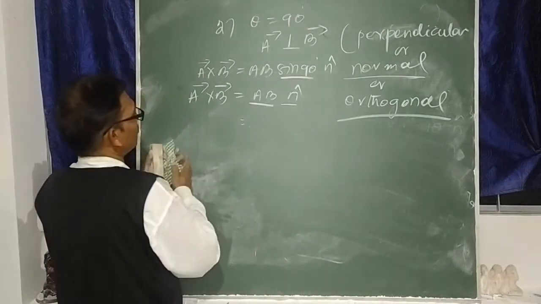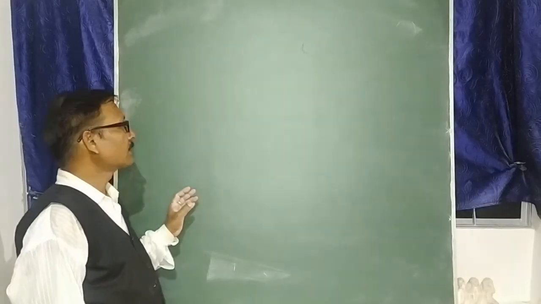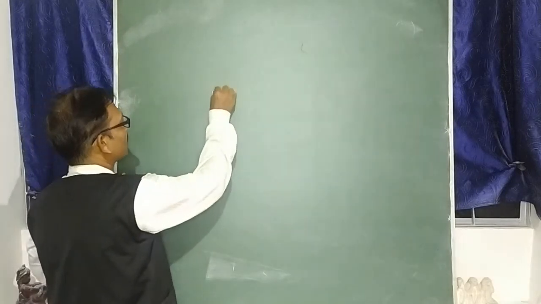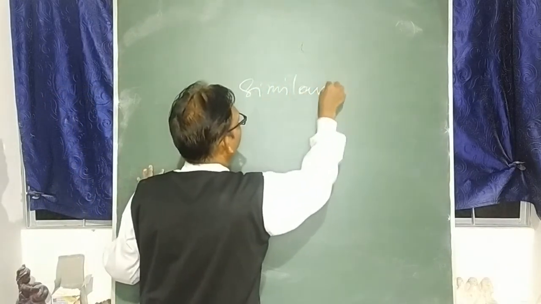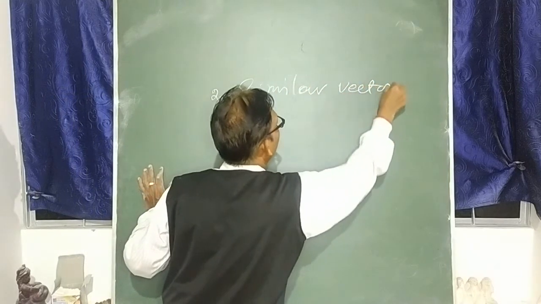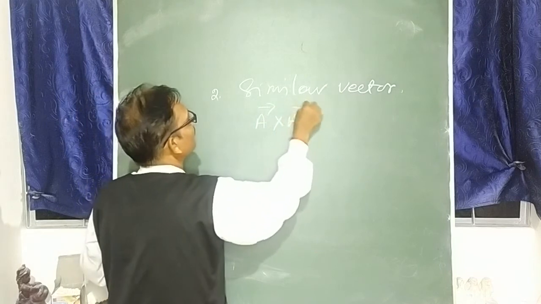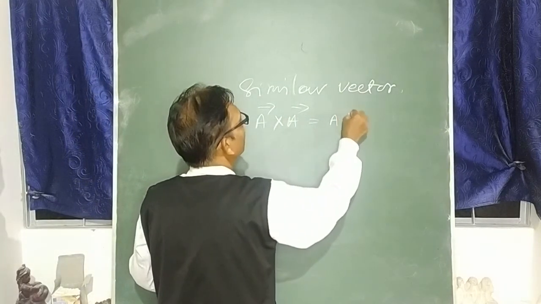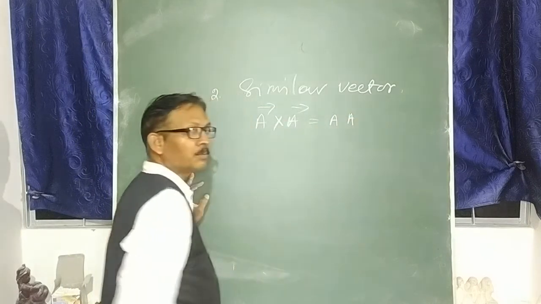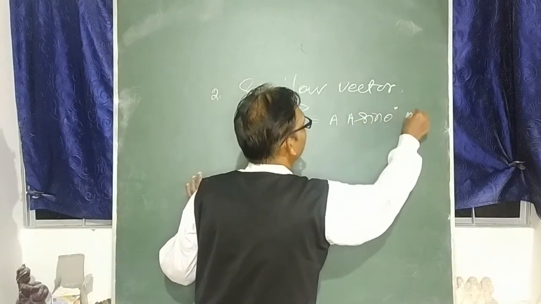Next, come to similar vectors. Suppose this is equal to A cross A. This is a similar vector or equal vector. This is equal to A magnitude, A magnitude, sin 0, n cap.